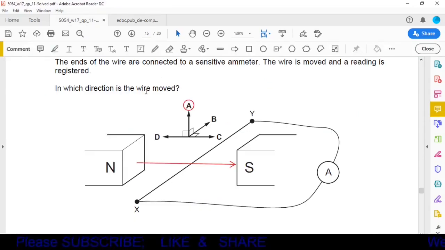Now here, direction of the magnetic field is from north to south. This one C is the direction for the magnetic lines of force. This B is the direction for the electrical current. So resultant force will be in the direction of A. So A is the direction in which the wire will move.